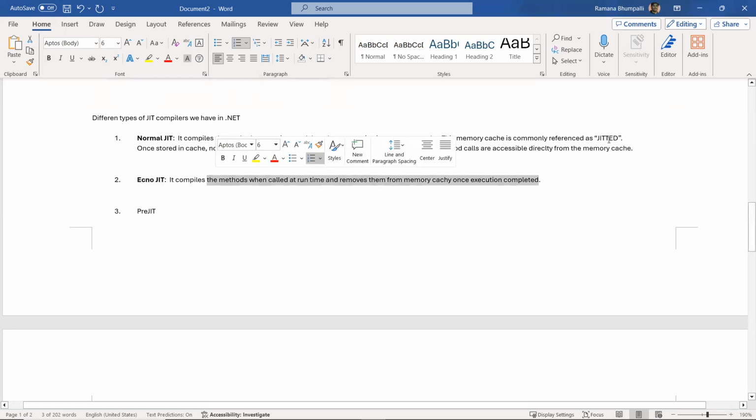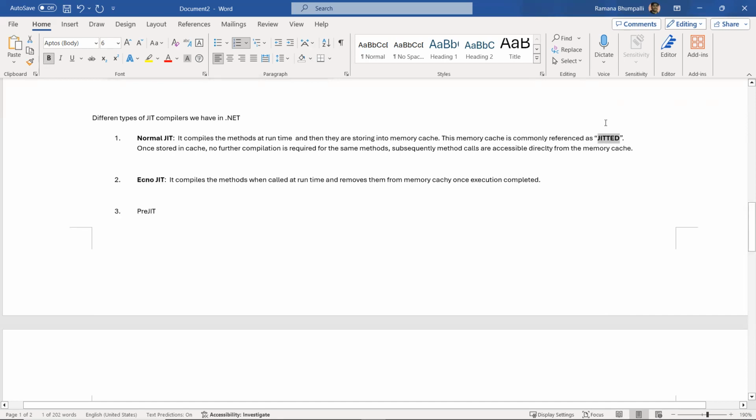So this is purely the opposite of the normal JIT. Normal JIT keeps the compiled objects in memory and refers to them as JITed, but here it won't keep them in memory. It will remove them immediately once the execution is done.